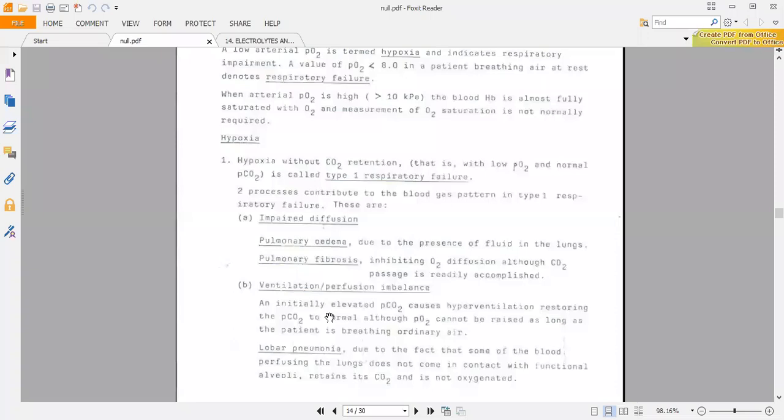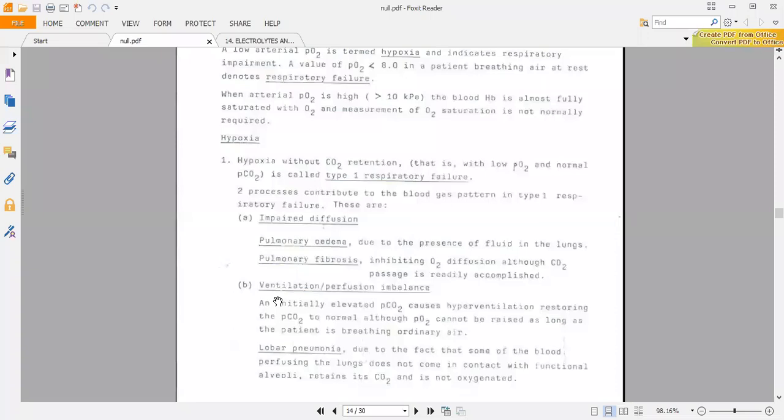Good. The second cause of type 1 respiratory failure is ventilation perfusion imbalance, or VQ mismatch. When you talk about ventilation, we are talking about the effective ventilation, that is the amount of oxygen that you are bringing into the alveoli.